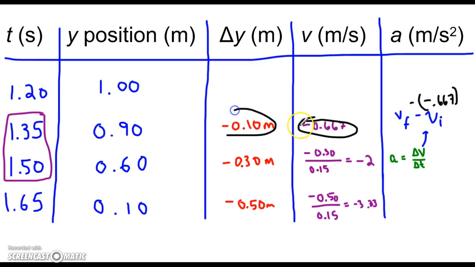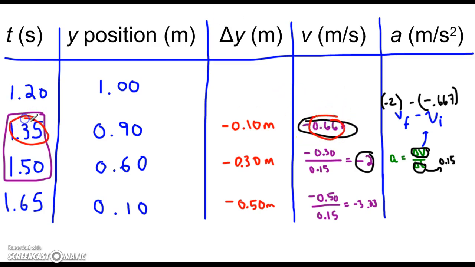This is our final value, -2. So you do final minus initial, that's the numerator. The delta t is just how long it took to change your velocity by this amount. So what's our interval? Again, 0.15 seconds. We're saying that this is the velocity we had at a time of 1.35. -2 is the velocity we had at a time of 1.5.